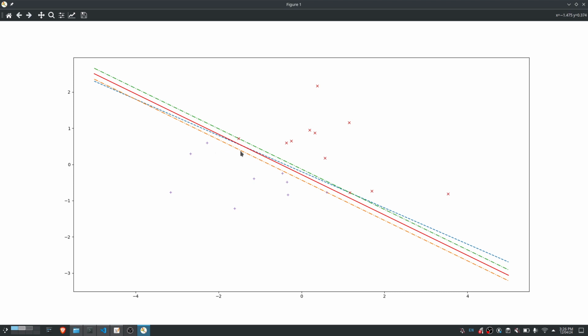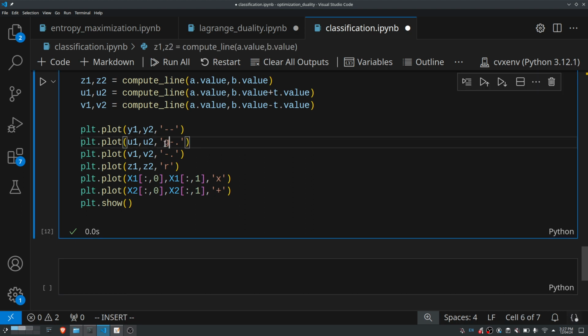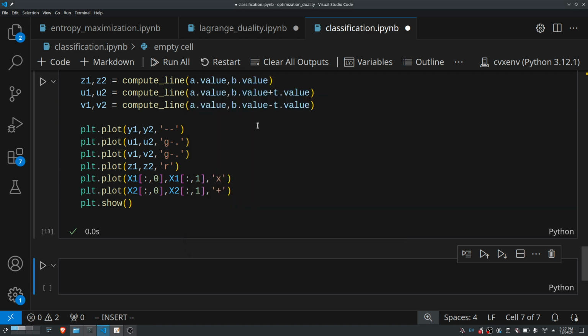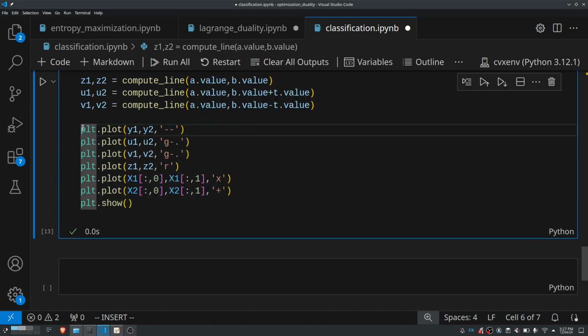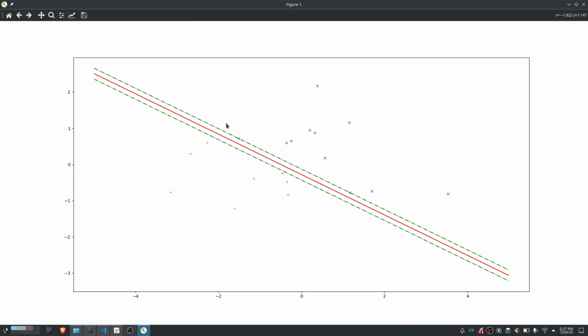Probably too cluttered. This is clean, right? So given the two sets of points, my solution to the optimization problem is this red line.